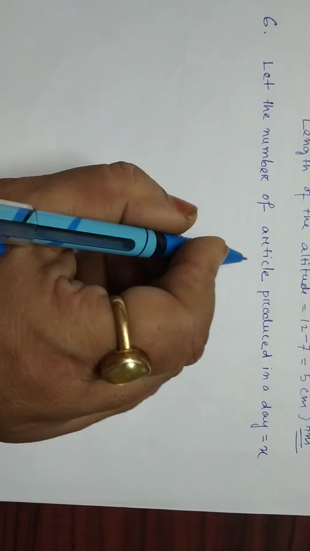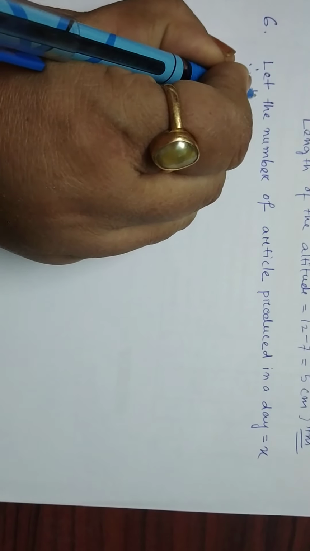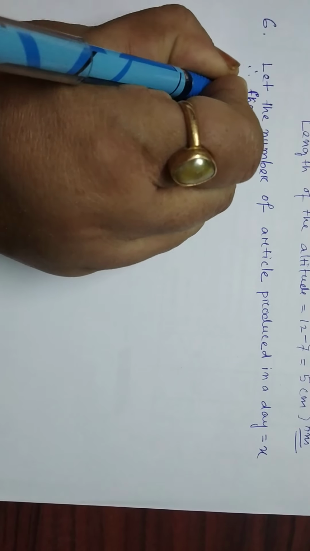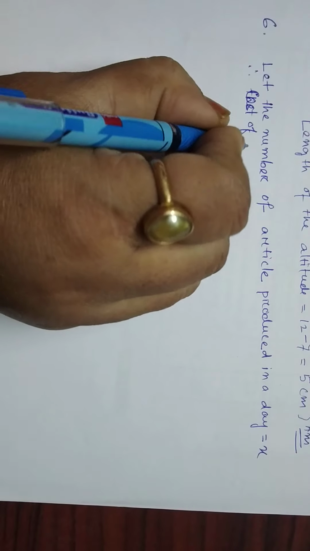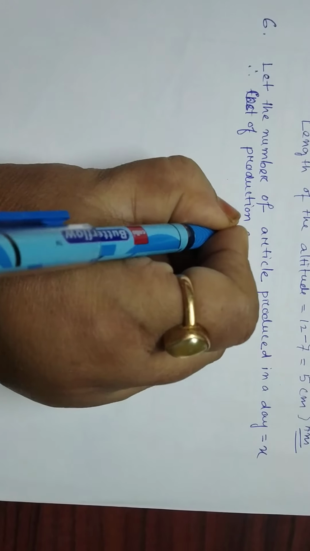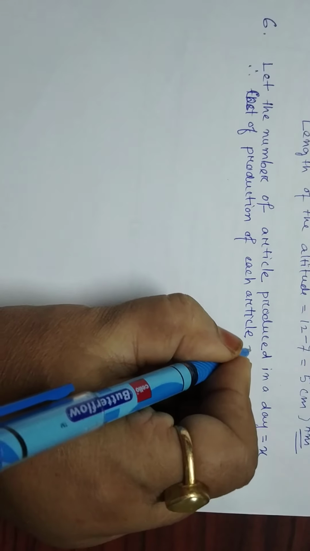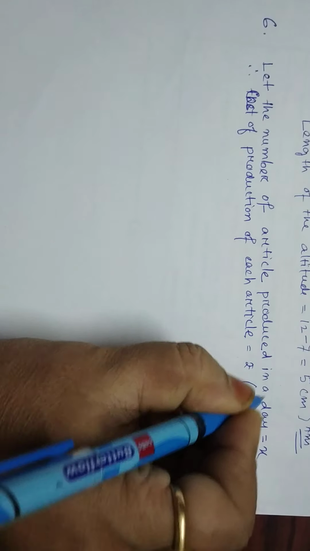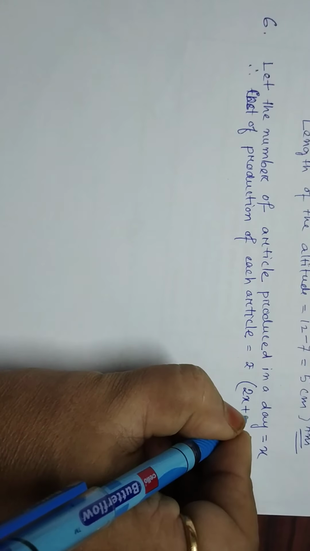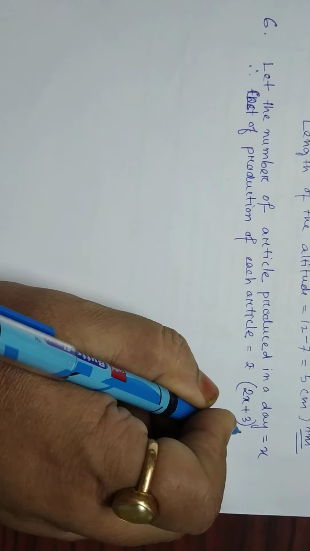Let the number of articles produced in a day be X. Therefore, the cost of production of each article is twice X plus 3 more, that means 2x plus 3 rupees.